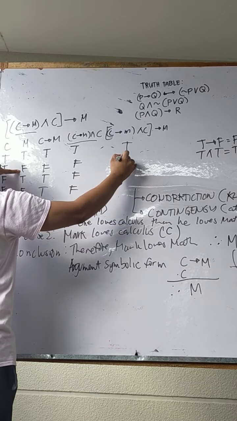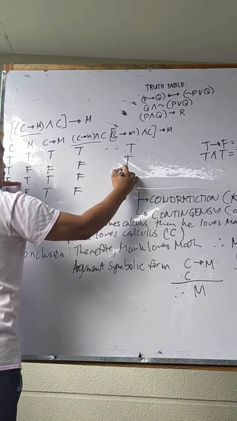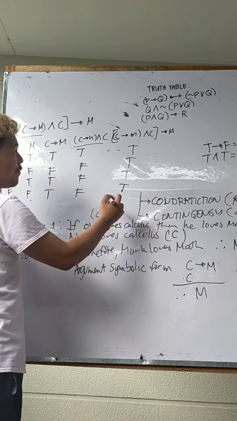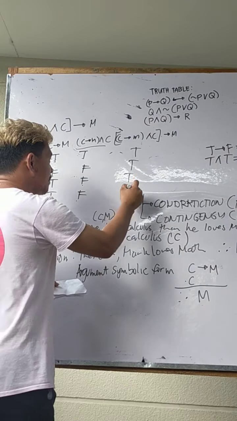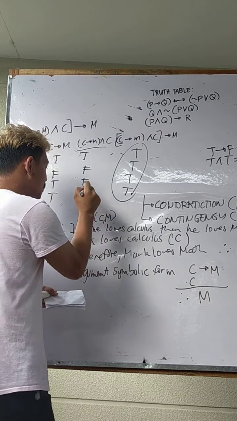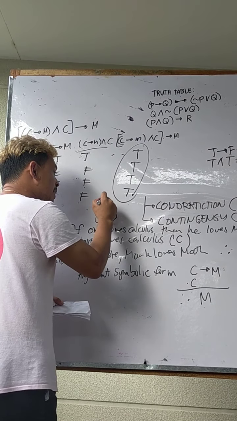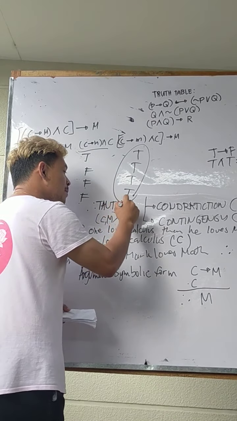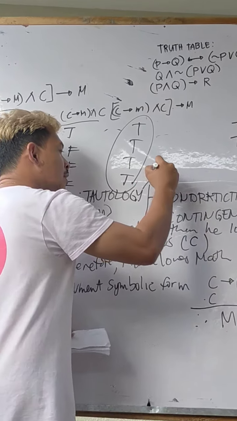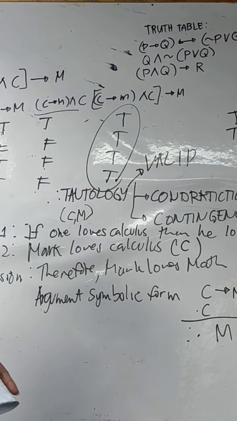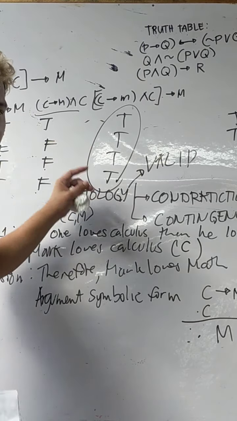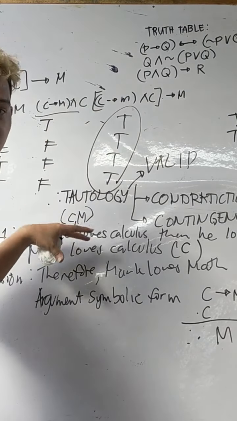False implies false is true, false implies true is true, and false implies false is true. Therefore, we can say that the final verdict, the conclusion, is all true. Therefore, this statement is a tautology, or valid, because the final result gave us all true.